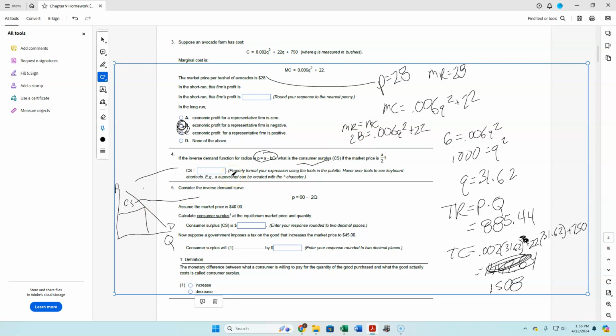Well, based on this function, definitionally, the consumer surplus, the area of that triangle, would be 1/2 base times height.